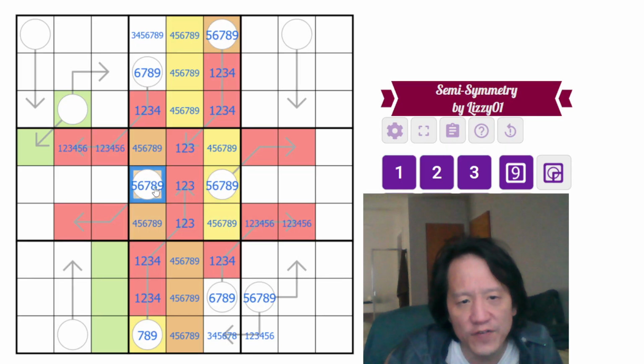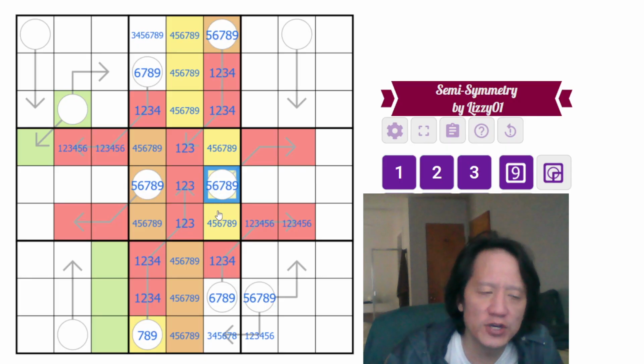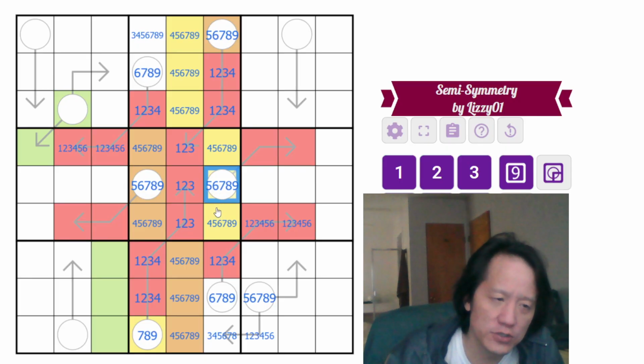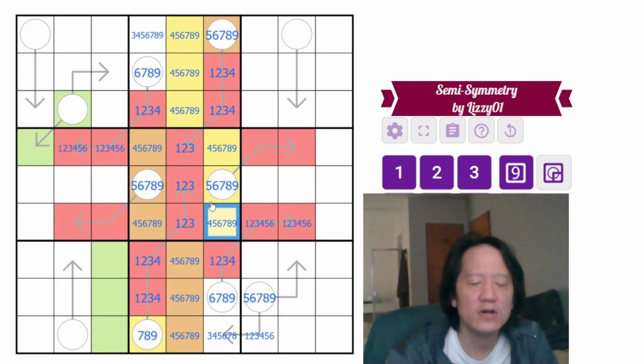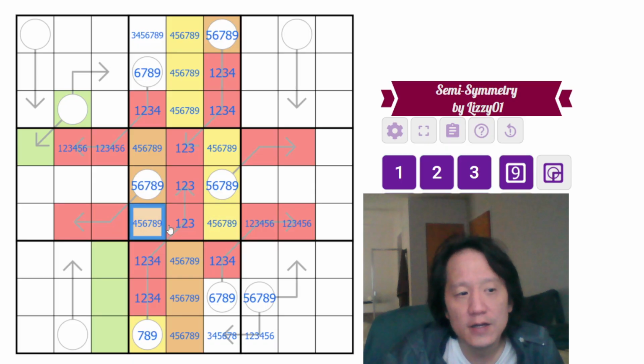So if you go 5 and 8, well, you can't have 5 anymore. So you have to have one of 6 and one of 8. And therefore, aha, 5 would have to be in one of the corners too.